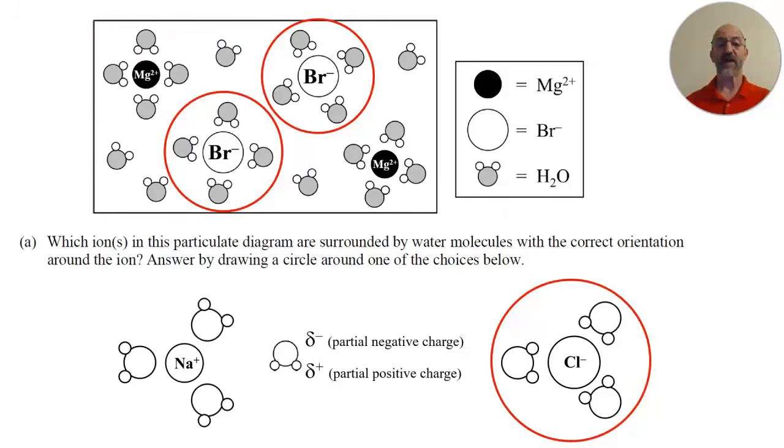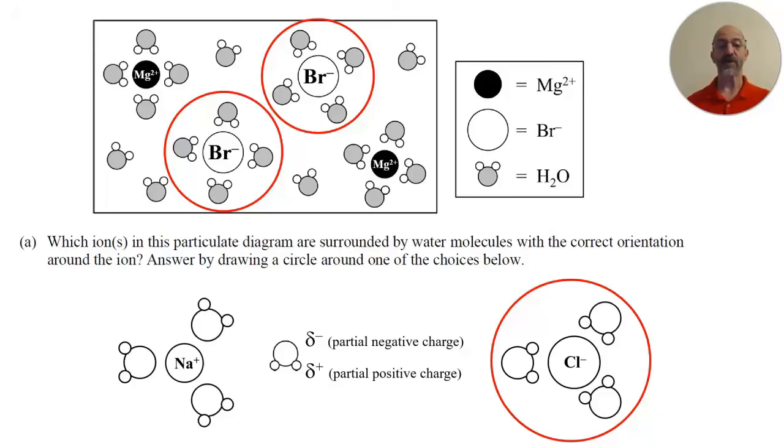Now, back to question 5, you can see that I'm circling with these red circles in the diagram the orientations that are correct. So around that magnesium ion, the water molecules have their positive end pointing toward the positive magnesium ion. That's incorrect. But around the negative bromide ion, the water molecules have their positive end oriented toward the negative bromide ion, which is correct.